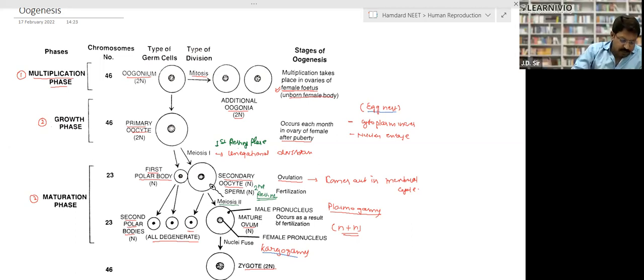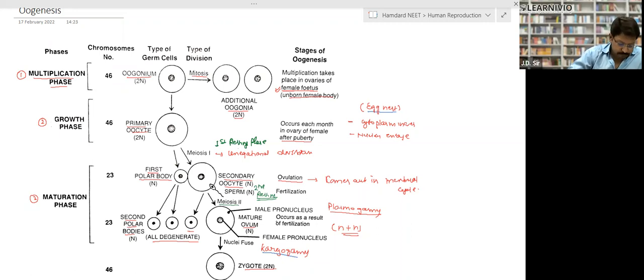In multiplication phase, which takes place during fetal development stage, full stop.